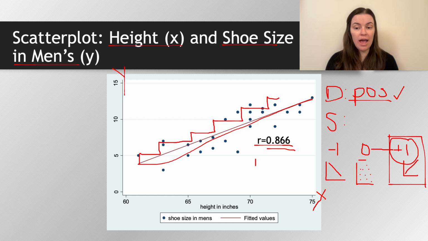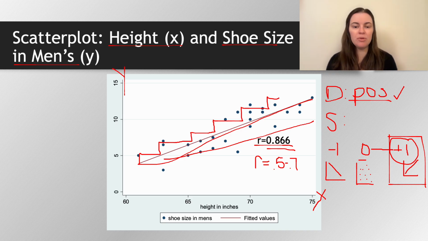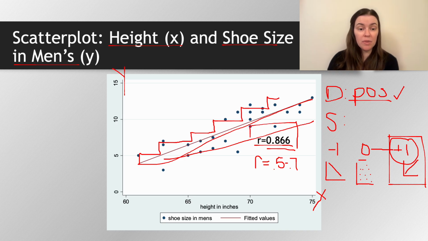If this R happened to be within the range of anywhere between, let's say, 0.5 and 0.7, I would probably say that that is a moderately strong relationship. It would be a little less steep here in terms of that overall trend line. We'll get to a couple other examples of this in a minute, but this is one of the stronger strengths that we could have in a real world scenario like this for sure.